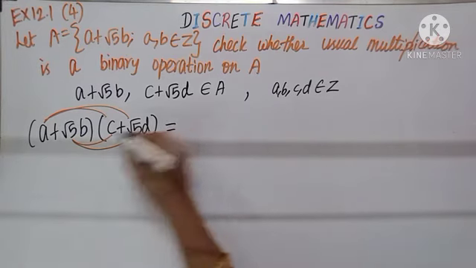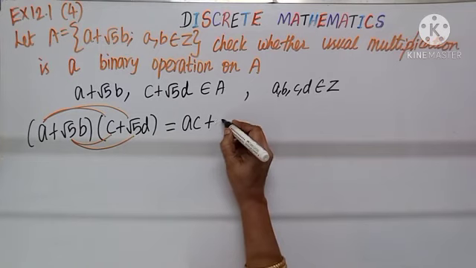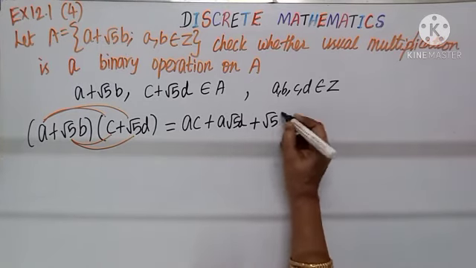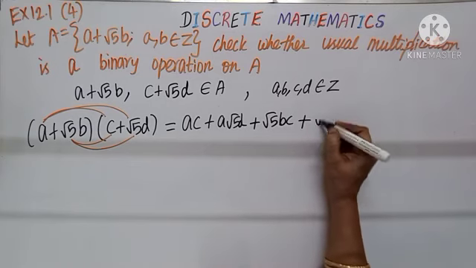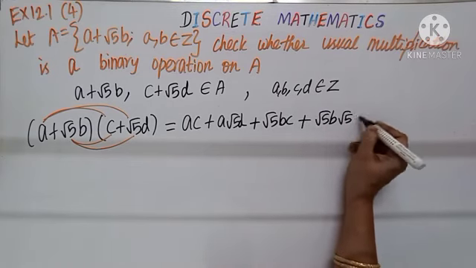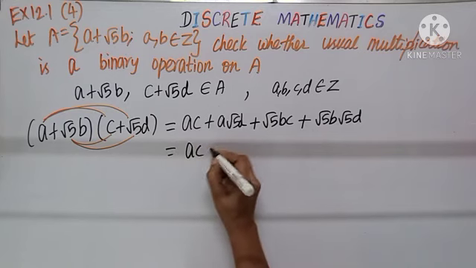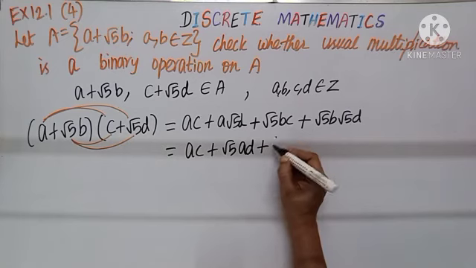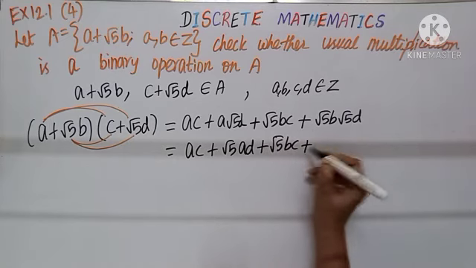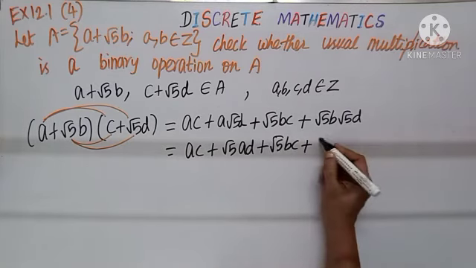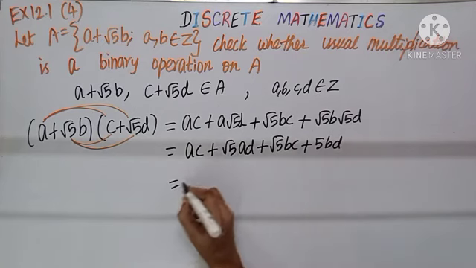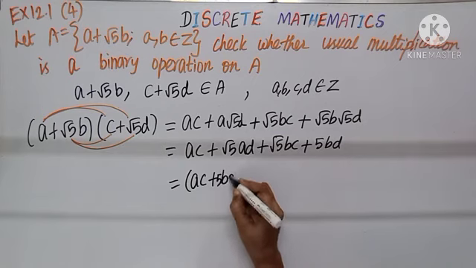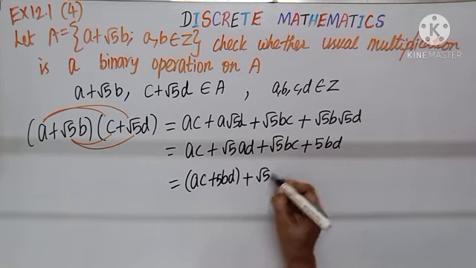If I multiply, my answer is ac plus a root 5 d plus root 5 bc plus root 5 b into root 5 d, or ac plus root 5 ad plus root 5 bc plus root 5 into root 5, which is 5bd. Collect terms without root 5 and terms with root 5.